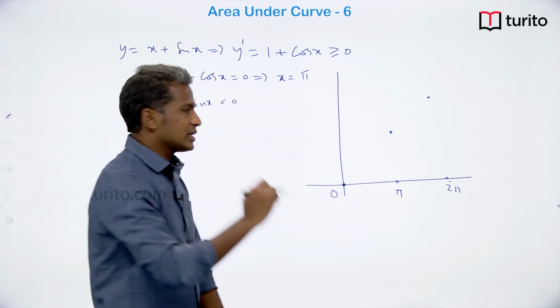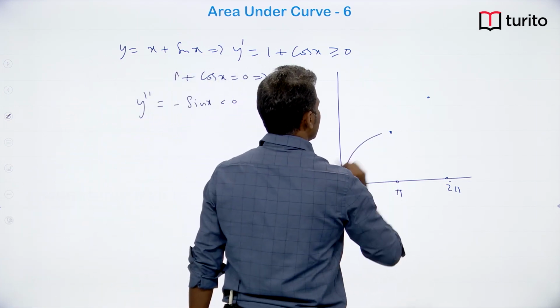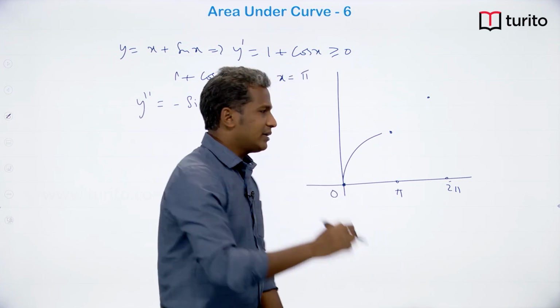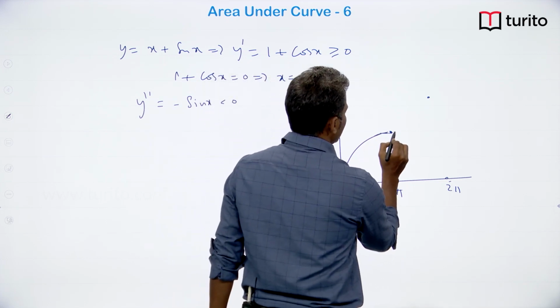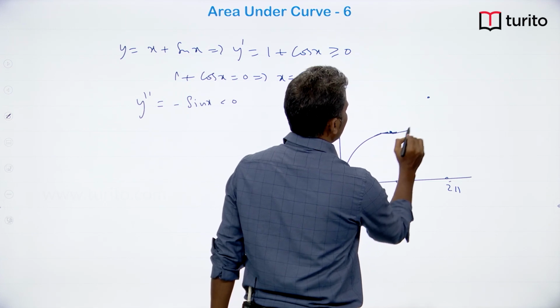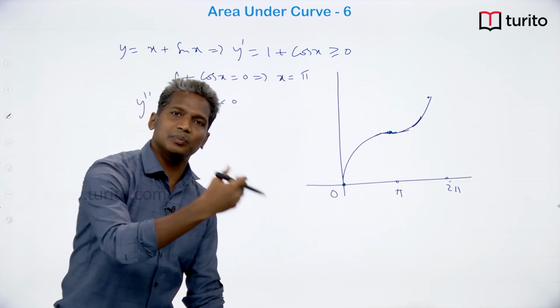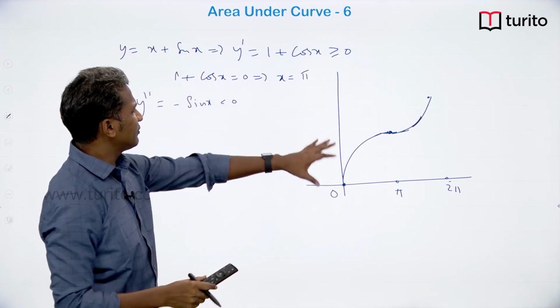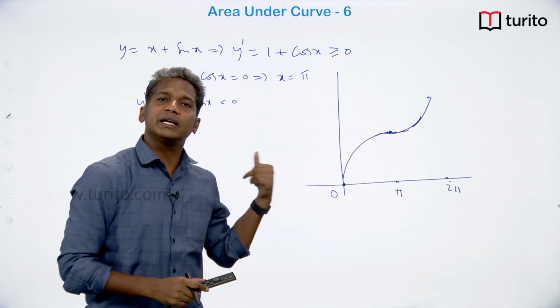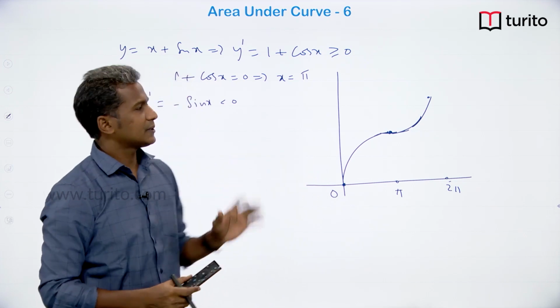So it is convex up. So the graph must be somewhat like this, and at pi the derivative must be 0. So it is constant for a while, and then again it has to increase, and it will increase with concave up style, okay. So this way also we can draw the graph by taking help of calculus.